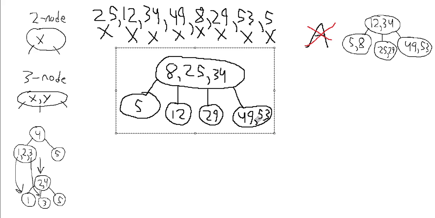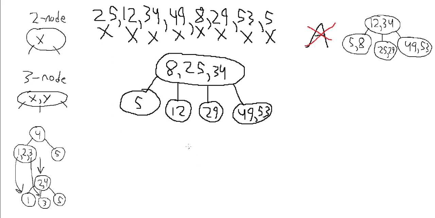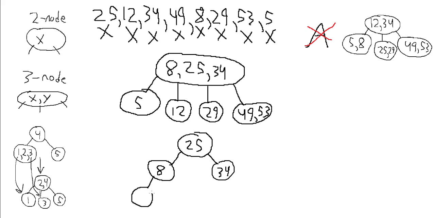Move this up a little bit more. So we're going to have 25 be the top node. 8 is a child of that on the left. 34 is the right child of that. And 5 continues to be the left child of 8. 12 continues to be the right child of 8. The reason that we're doing that is because 12 is in between 8 and 25.